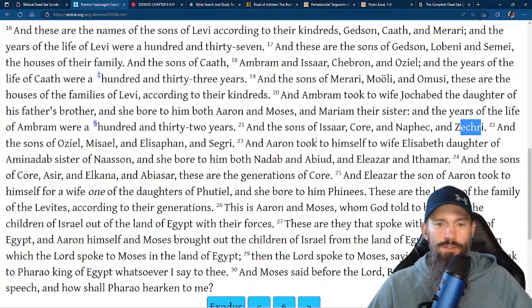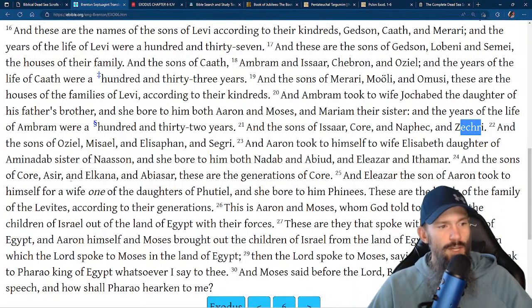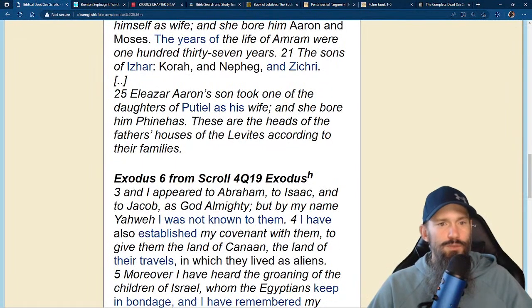And Aaron took to himself to wife Elizabeth, daughter of Aminadab, sister of Nason, and she bore to him both Nadab and Abiud, and Eleazar and Ithamar, and the sons of Kor: Asir, Elkanah, and Abiasar. These are the generations of Kor. Eleazar, Aaron's son, took one of the daughters of Putiel as his wife, and she bore him Phinehas. These are the heads of the fathers' houses of the Levites according to their families.